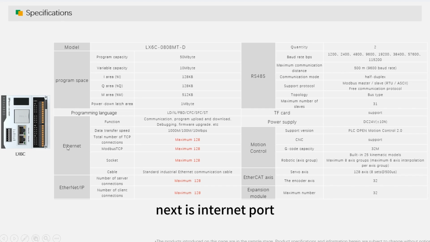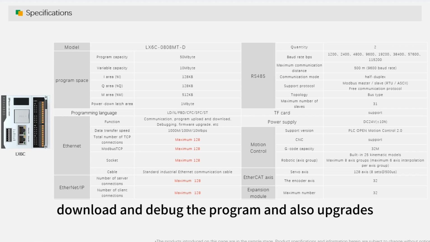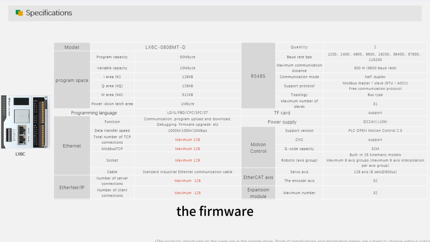Next is Ethernet port. Here we suggest the client to use standard industry Ethernet communication cable to get a stable communication. With Ethernet ports, we could upload, download, and debug the program, and also upgrade the firmware.